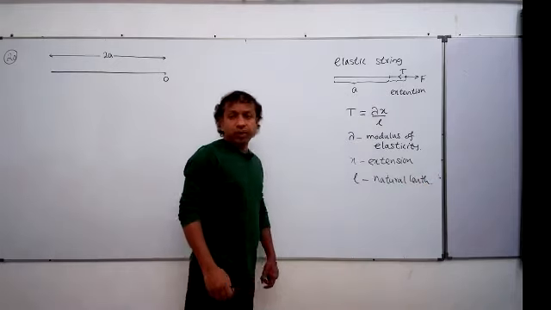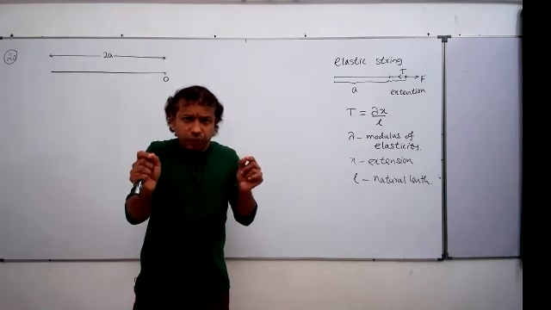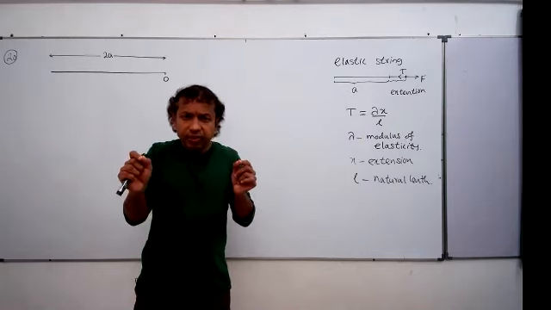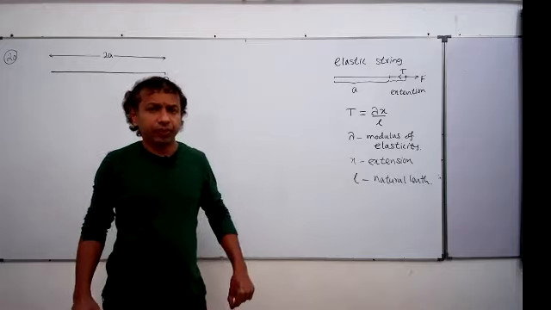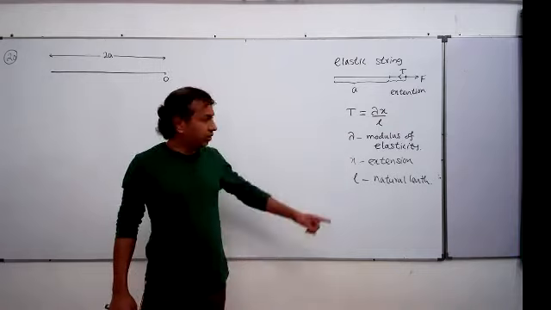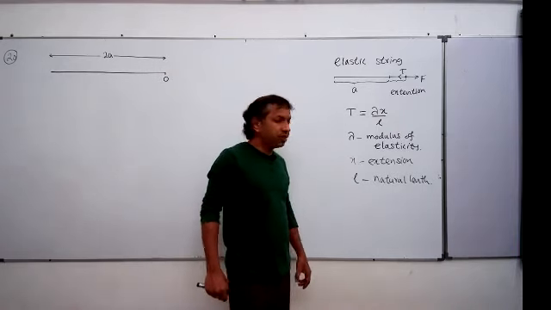You can very clearly understand, when we consider such an elastic string and increase the extension, you can see more force acting on our hand. That means as extension increases, tension increases. The tension is given by this formula. Lambda is called the modulus of elasticity.